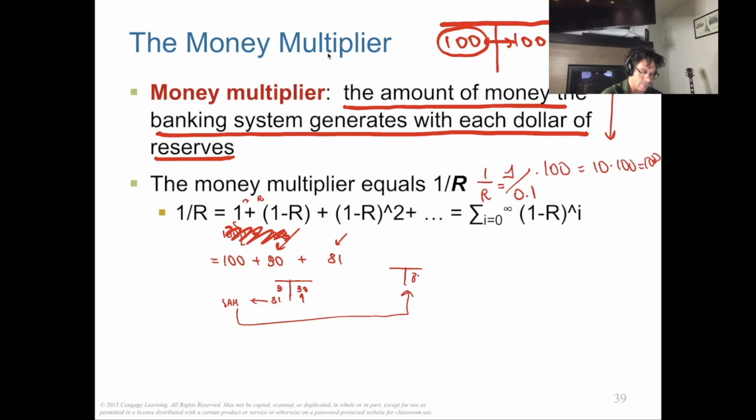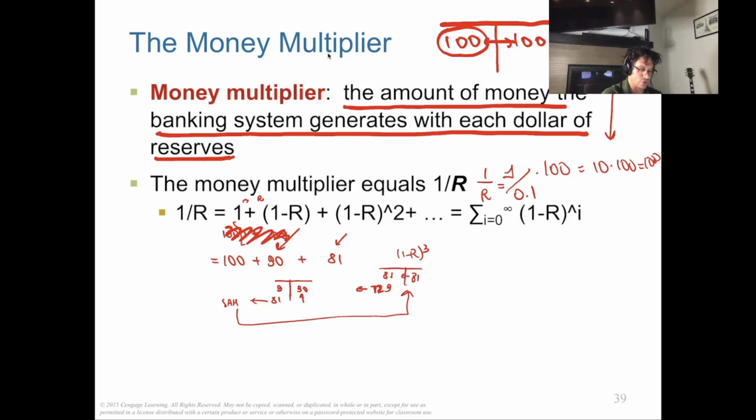He introduced 81 in his bank, then 10% of 81, 8.1, went to reserves, and the rest, 72.9, was reintroduced in the system. And this one will be 1 minus r to the power of 3.